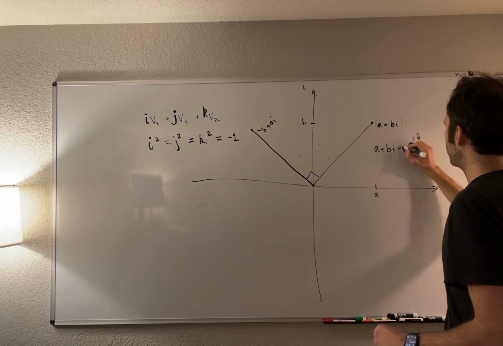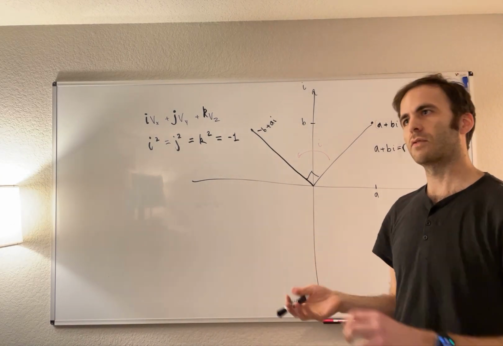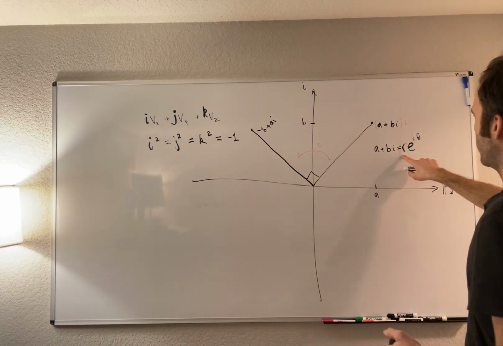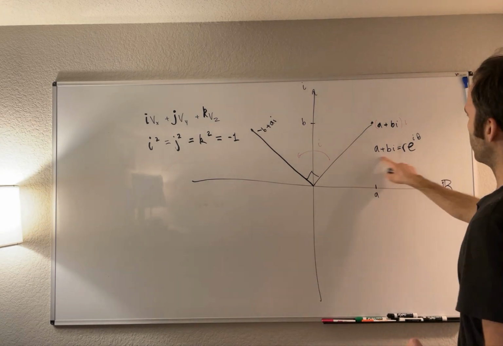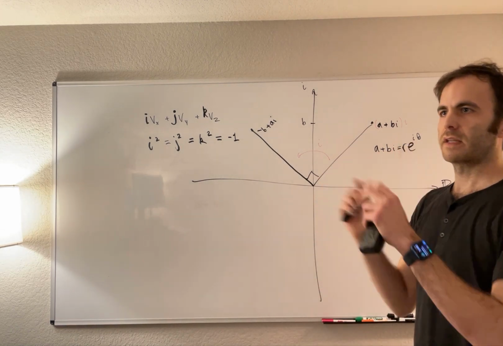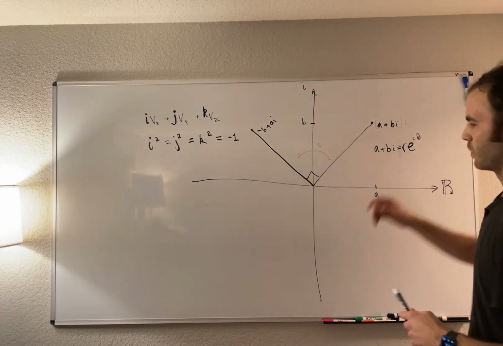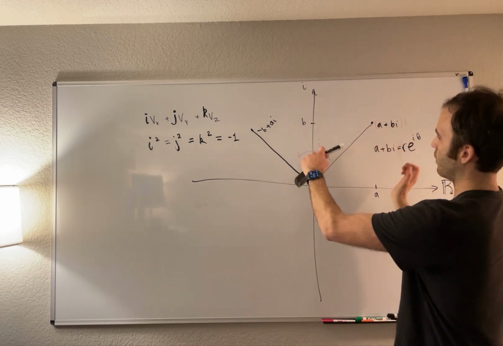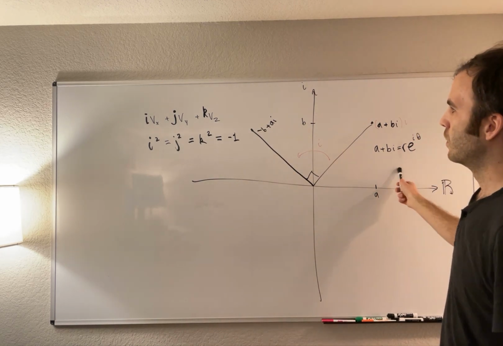This e to the i theta turns out to decompose into sines and cosines. We're not going to get into that now, but basically there's an equivalence between these two different forms of complex number. The rectangular form, a plus bi, makes it really easy to do rectangular coordinates. And for the polar coordinates, the rotation is trivial as well, because when you multiply these two numbers, you just add the angles. So you can come up with arbitrary rotations and express them as a complex number multiplication.